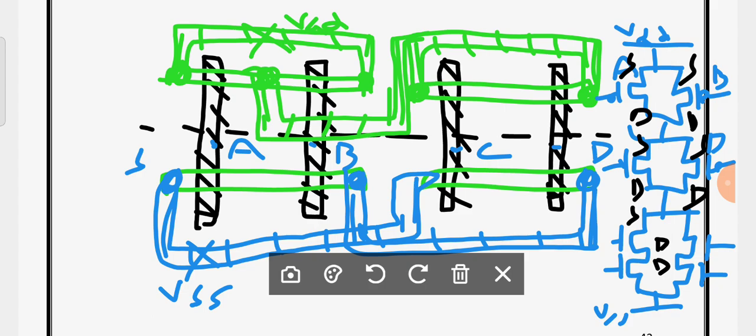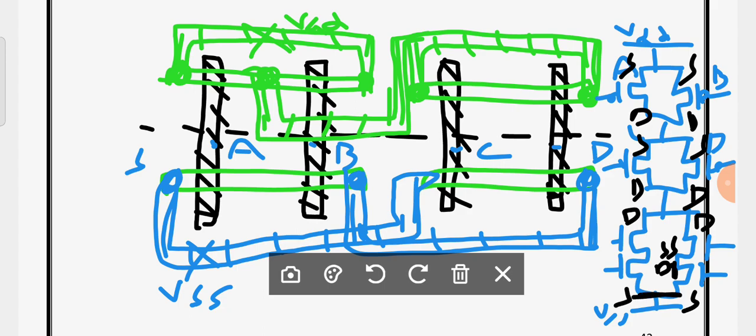Why? Because the output is always at the drain side. Therefore these two become drain, drain, then it becomes source. It is a source, it becomes drain, then it becomes what? Drain, already completed, therefore it becomes what? Source. Since there is a source, it becomes drain.